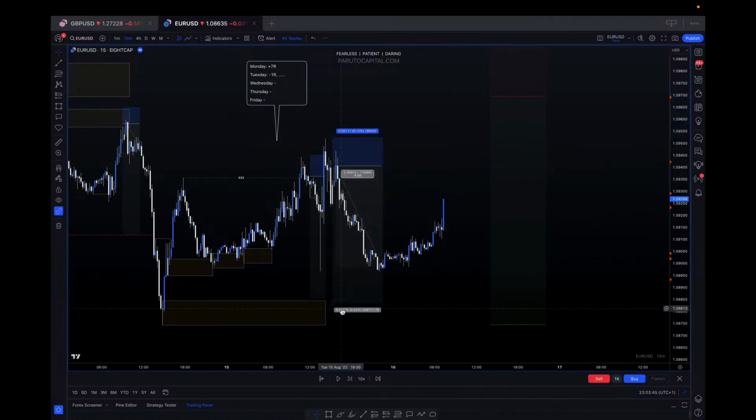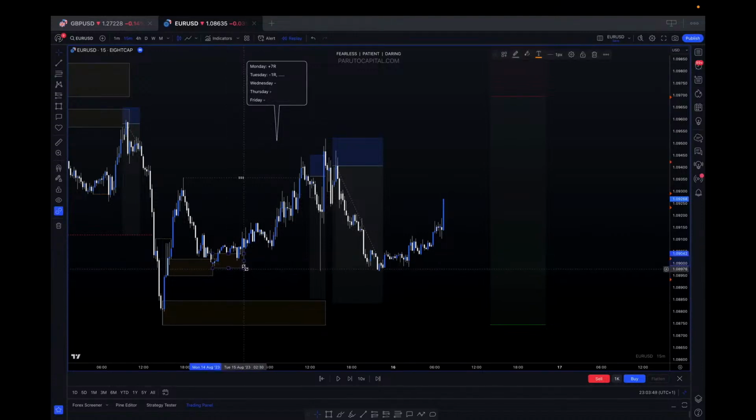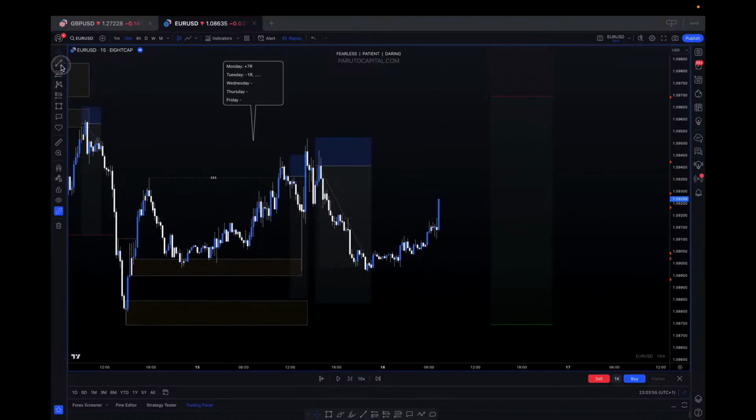So now Wednesday's here, so let's analyze price and see what we've got. Here you can see this is a sweep of liquidity. Oh, interesting. Let me also say something interesting here.